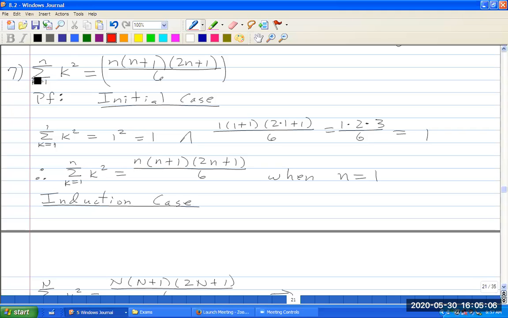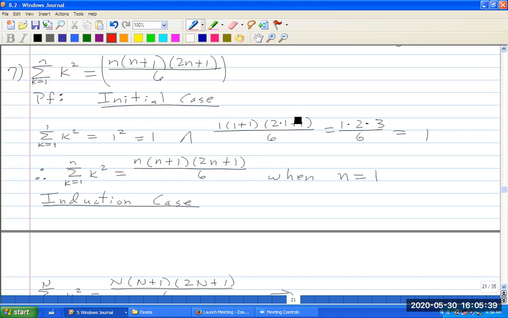So first, I want to show that this is true when n is equal to 1. Well, the sum k equal 1 to n when n is equal to 1 of k squared is just going to be 1 squared, which is just 1. Plugging in n equal 1 into this formula here, I get 1 times 1 plus 1 times 2n plus 1 all over 6.